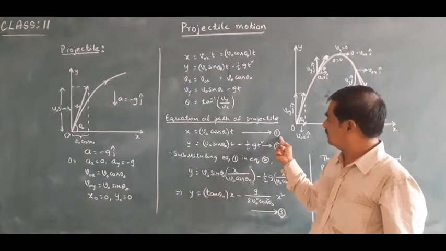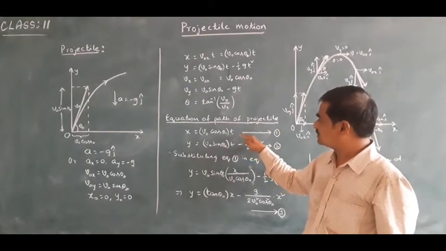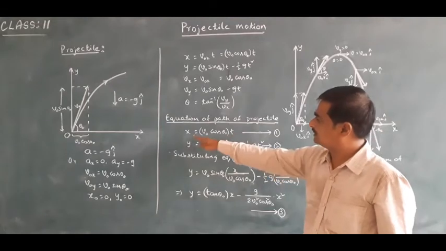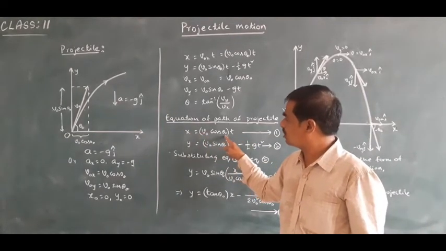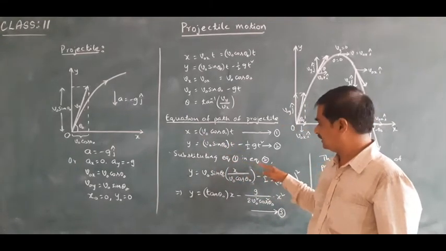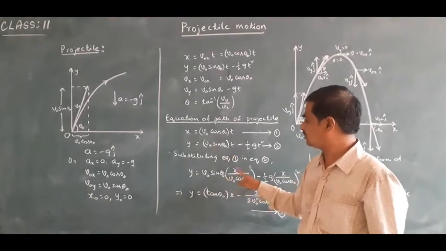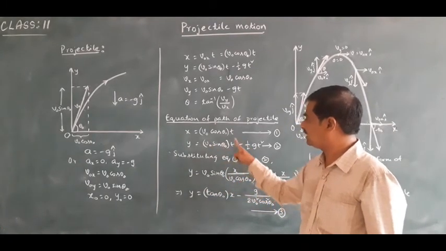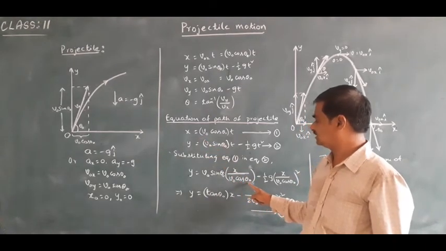We have to eliminate time from these two equations. That is, by using the first equation, we can write t as x by v naught cos theta naught. Substituting equation 1 for t in equation 2, we get v naught sin theta naught, instead of t, keeping x by v naught cos theta naught.